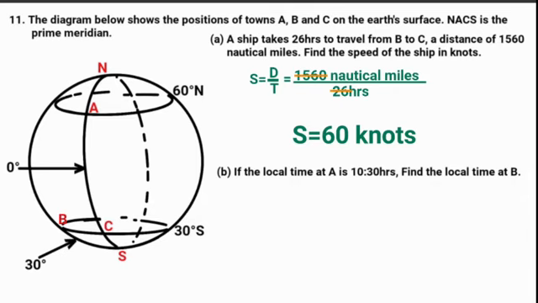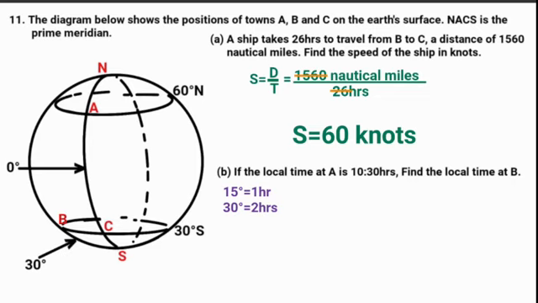We should also take note that for every 15 degrees, there is 1 hour. So if two towns are 15 degrees apart in longitude, they have got 1 hour apart.